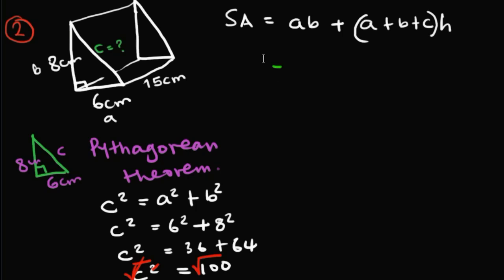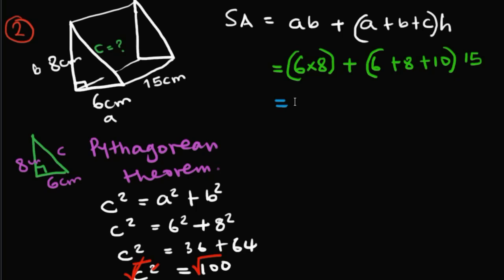Now A is 6 times B, which is 8, plus A, which is 6, B is 8, C is 10, times height, which is 15. Let's move on. 6 times 8, we know that is 48. 6 plus 8 plus 10 gives us 24, and now times 15.